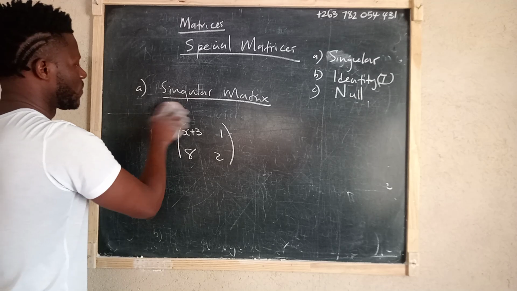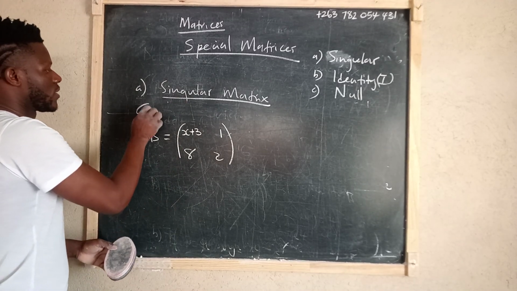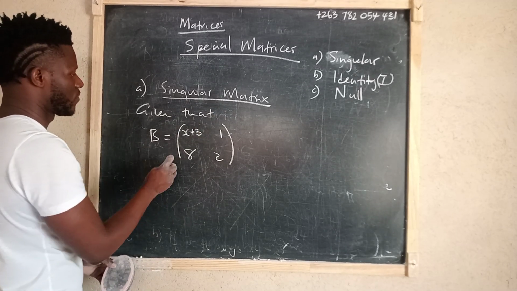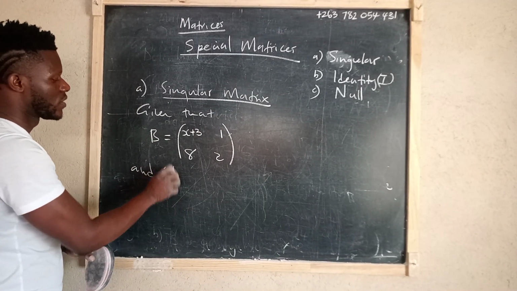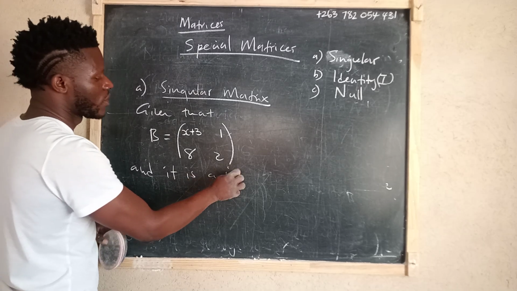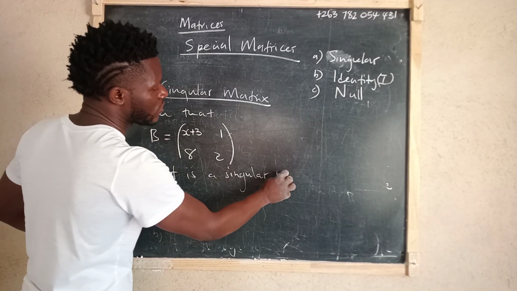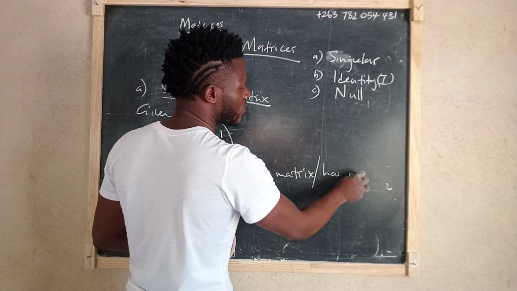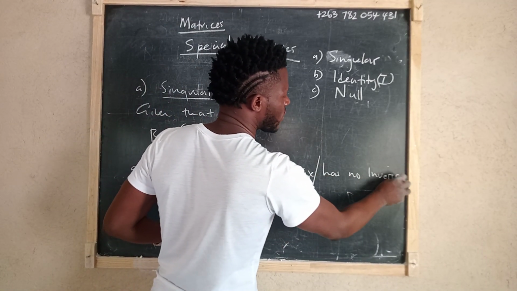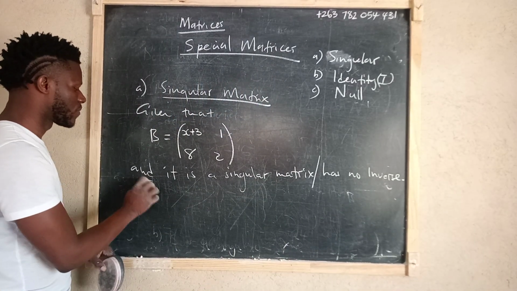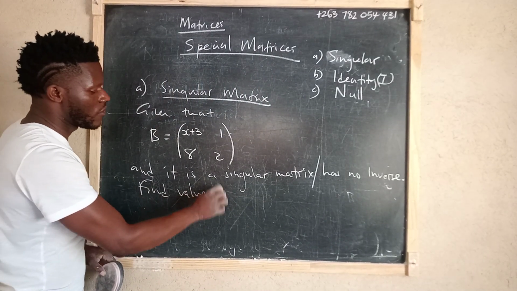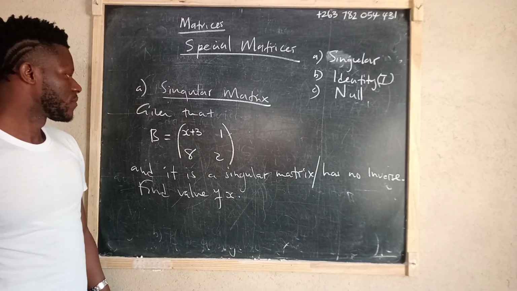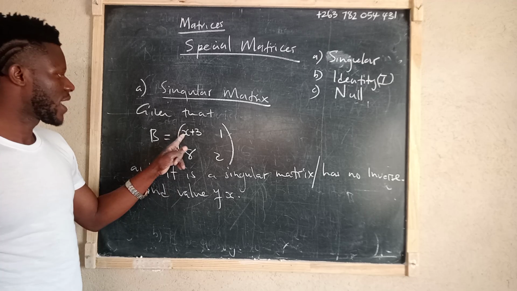Then the question will be, given that B is this and it is a singular matrix, or they can say it has no inverse. It's another definition for singular matrix. Find the value of x.